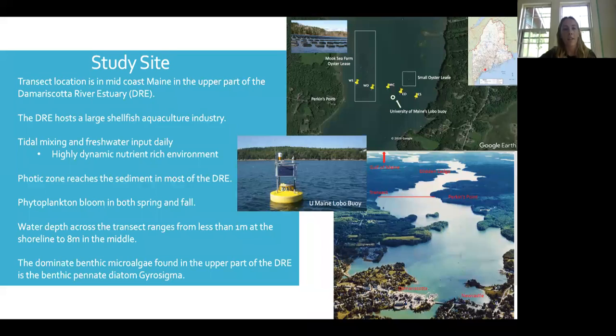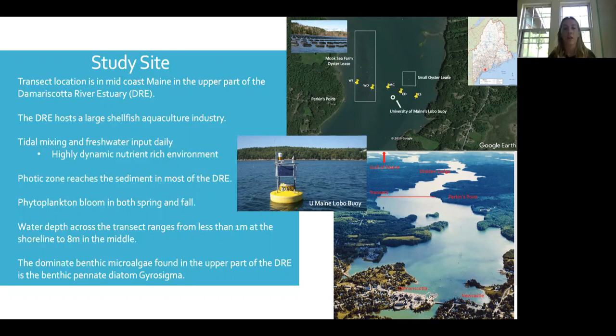My study site is a transect across a mid-coast Maine estuary, in the upper part of it called the Damariscotta River Estuary, and I refer to it as the DRE. It is an estuary that is quite long, stretching about 30 kilometers. It also has an output into the Gulf of Maine, and it is connected to a freshwater lake, so it has freshwater input and tidal mixing every day on a tidal cycle, and it's very dynamic and nutrient rich.